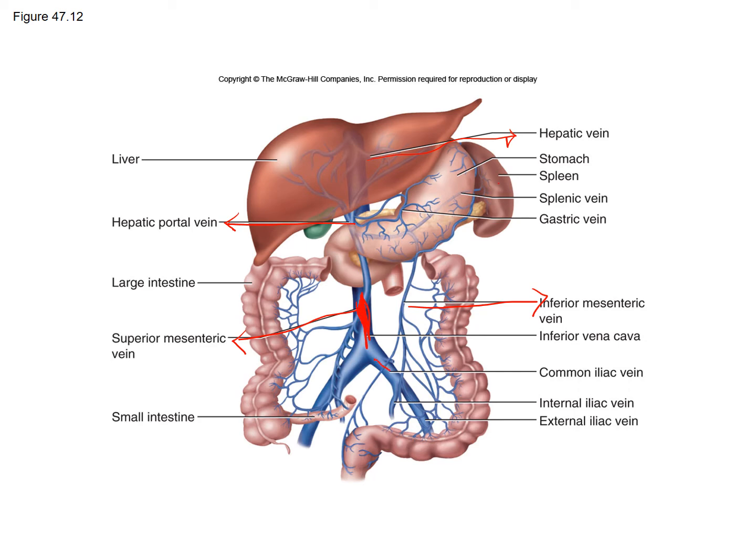And this will be the common iliac vein, which is going to give you two divisions. One will be the internal iliac vein, and one will be the external iliac vein.